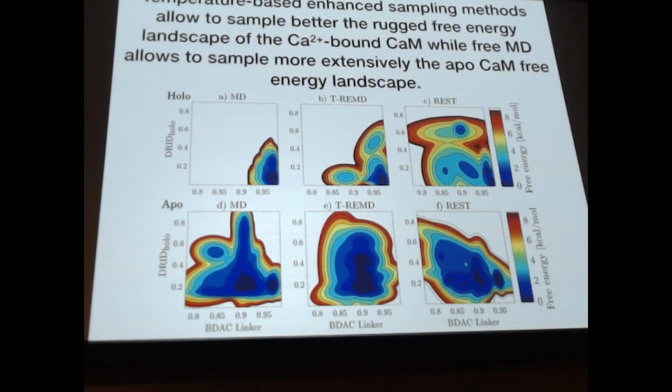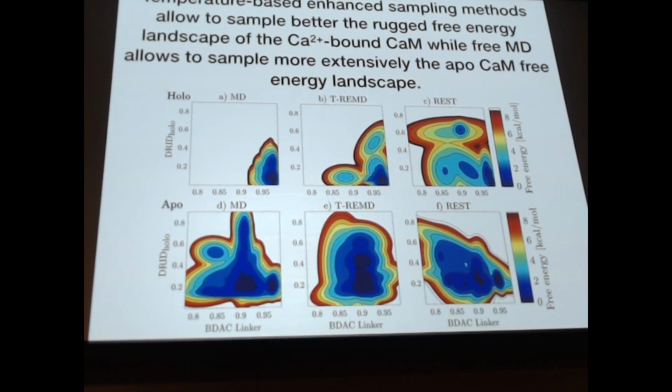These plots show the free energies estimated with our estimator for MD, temperature-based replica exchange, and solute tempering in the presence of calcium and in the absence of calcium. And as I was just saying on the slide before, these methods sample very different free energy landscapes, especially in the case of holo. And I think this is even more visible on these types of plots.